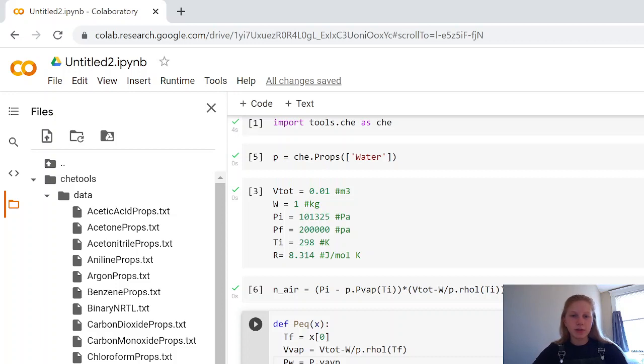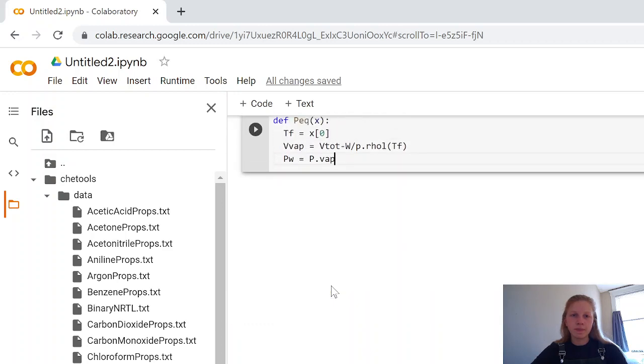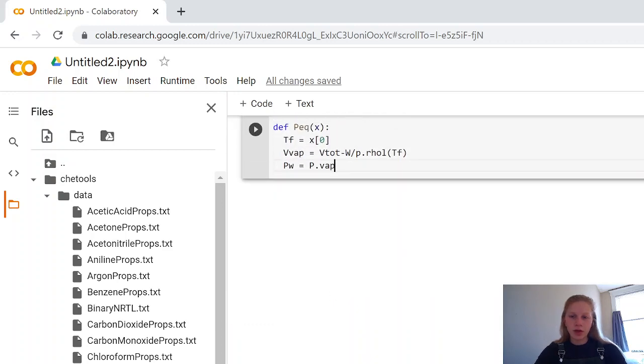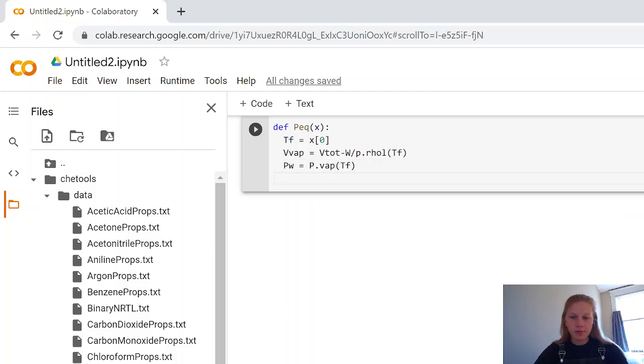So we'll call this PWP in the vapor phase. We're getting this property from our files over here, and we want that at the final temperature instead of the initial temperature. Partial pressure of the air equals number of moles of air times, this is just the ideal gas law, PV equals nRT.